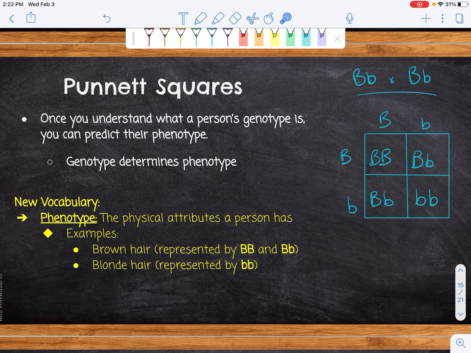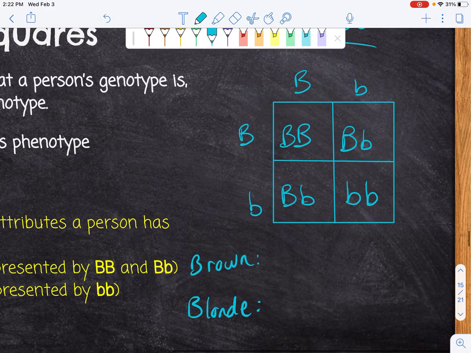So, to summarize this Punnett square here, I want to talk about how many offspring have brown hair and how many have blonde hair. Again, looking at my Punnett square. This first one has the dominant allele, that means it's brown hair. The second one, dominant allele is here, so it has brown hair.